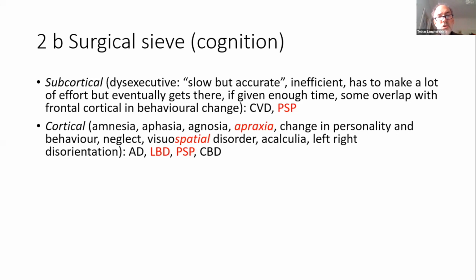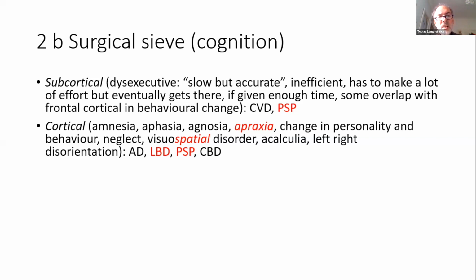I've also highlighted visuospatial, that's your Alzheimer's disease. So patients with Alzheimer's disease may not have amnesia, but they may present with a spatial disorder. Typically they can't walk, but they usually also have difficulties with their upper limbs and in fact with their ability to see. So I highlighted Lewy body disease, LBD, and again PSP as cortical disorders.